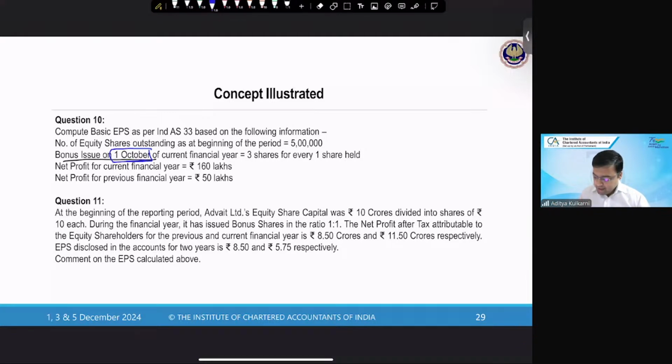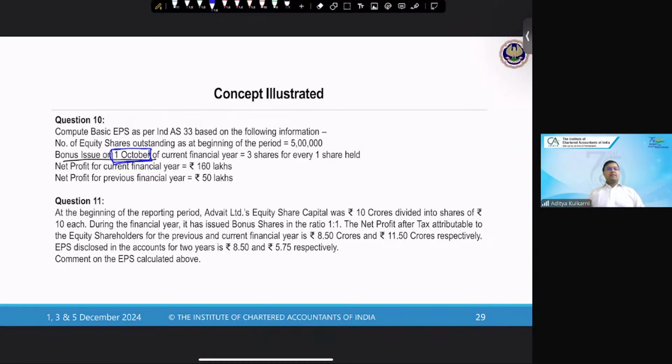So when I come back to this question and a bonus has happened on 1st October, these shares may appear to be visible now, but they were always present at the beginning of the year. Only thing is they were present in the form of reserves. Now they are coming in the form of capital.